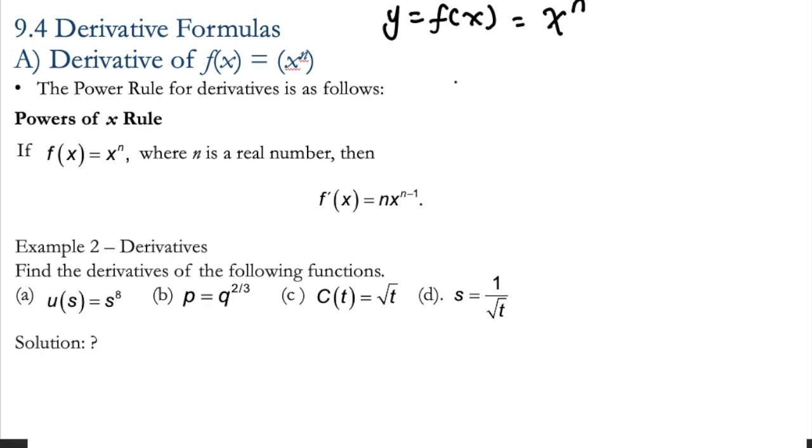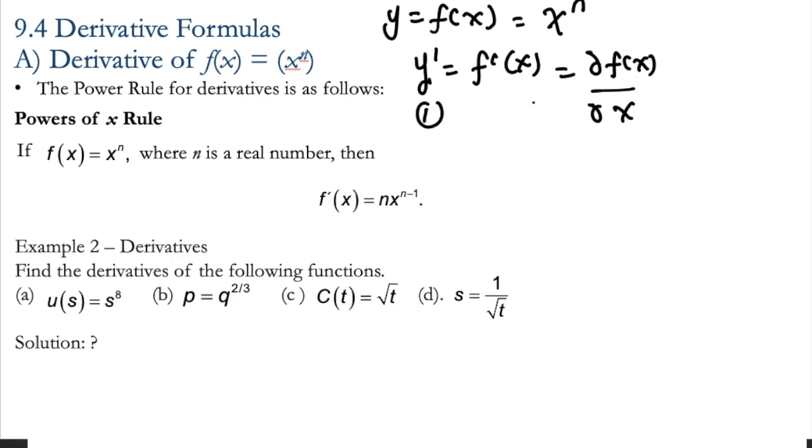How are you going to derive the derivative or slope? The symbol of derivative, you can write it y prime, or f prime, or you can also write it this way, delta f(x) over delta x. You can use either symbol to signify derivatives.